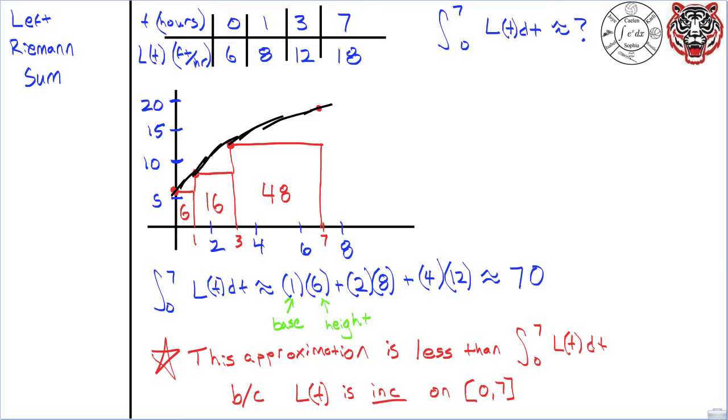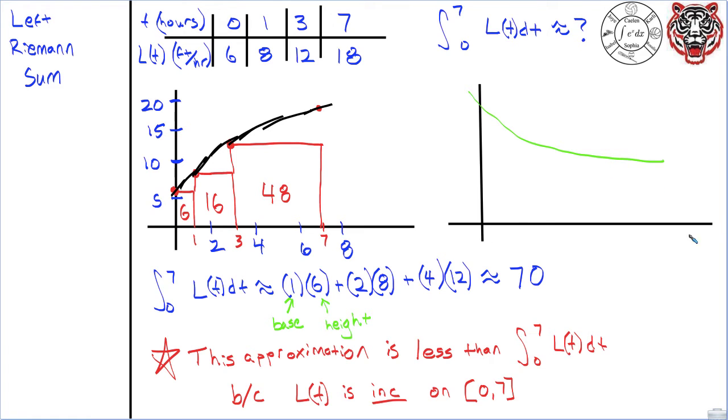But picture in your head, and you can maybe do a quick sketch out to the side, what would happen if I had a function that was decreasing? What if I had a function that looked like this? It was coming down. Do you want us to draw? Yeah, do a quick sketch. And I had something with a left Riemann sum. If I had a left Riemann sum, let me try to draw this line a little bit better. I can do this.